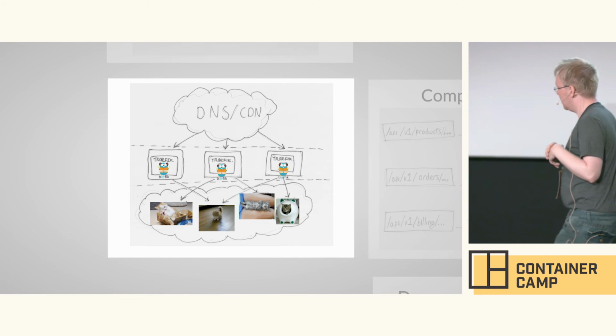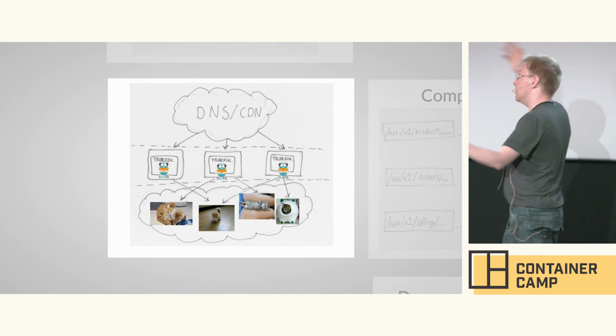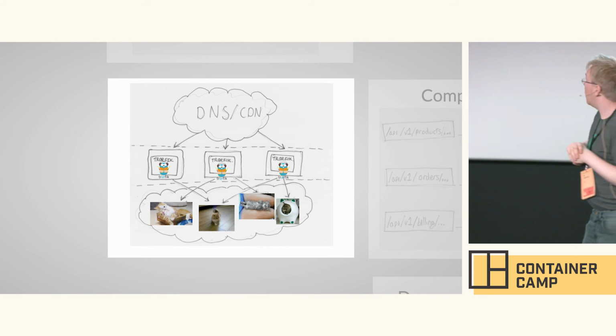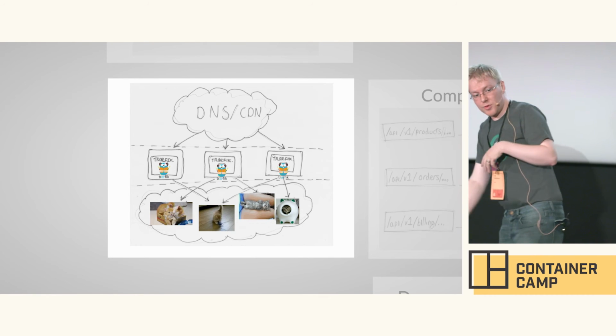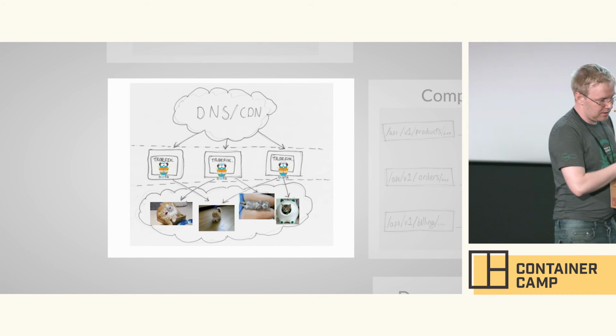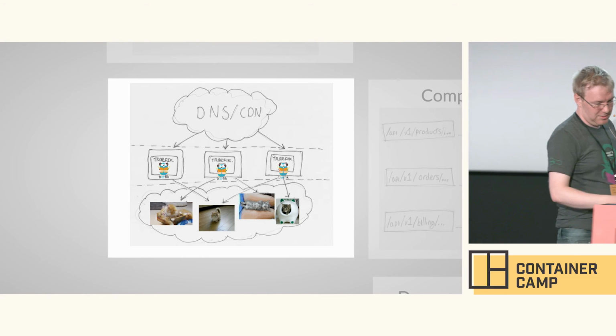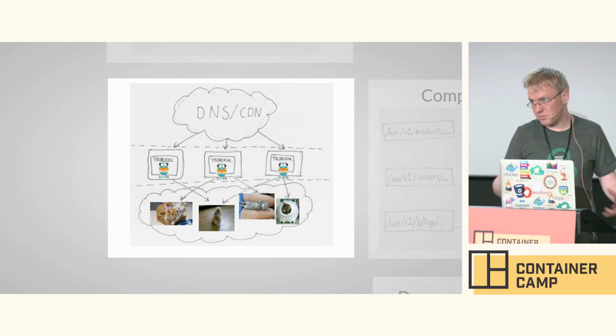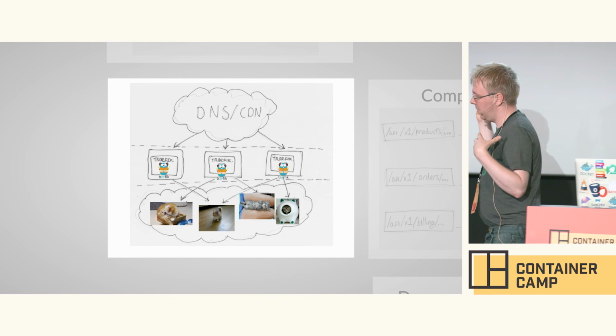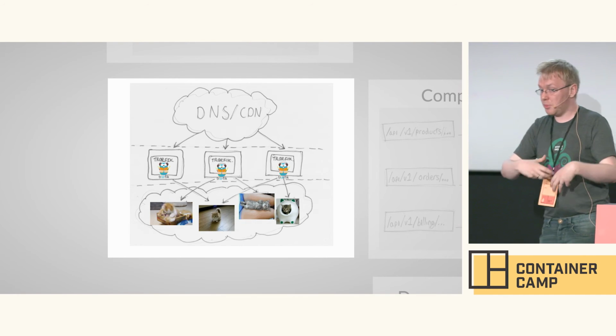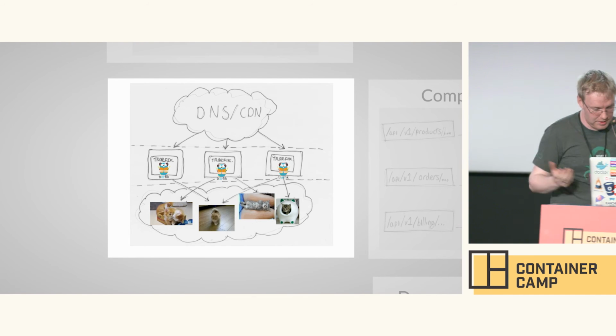You could just run a Traefik node on there, and then you could do round-robin DNS, or look at maybe a CDN provider or something to route your traffic into your cluster. They're kind of ideas I had about how you might end up putting traffic into production in a resilient way.